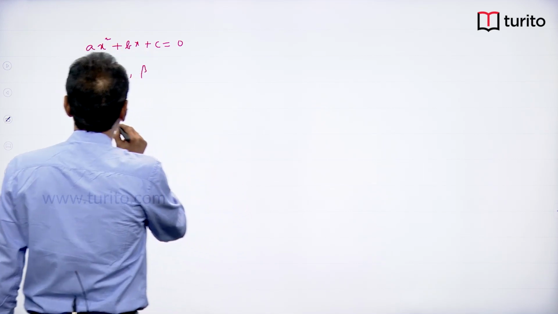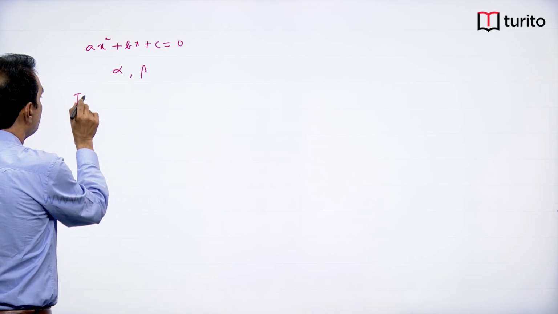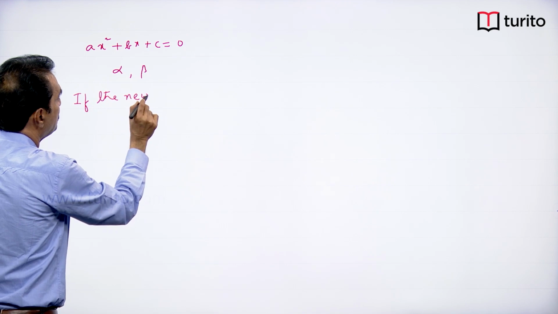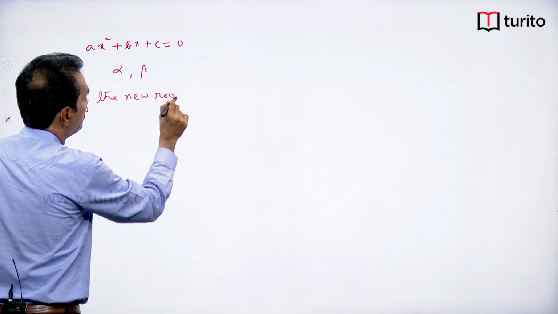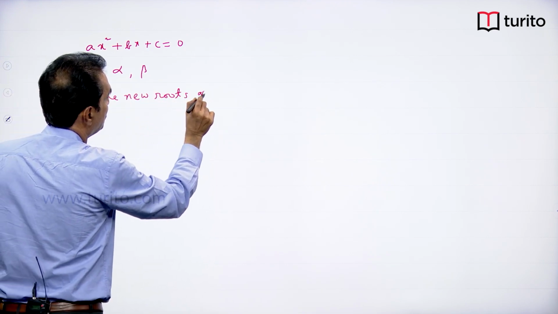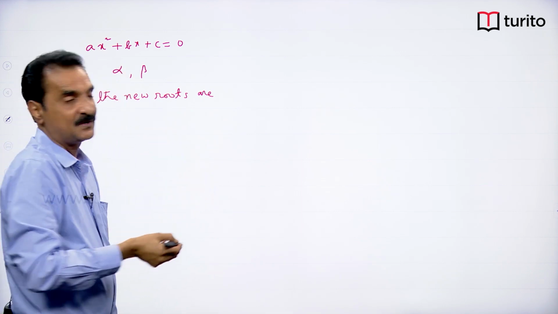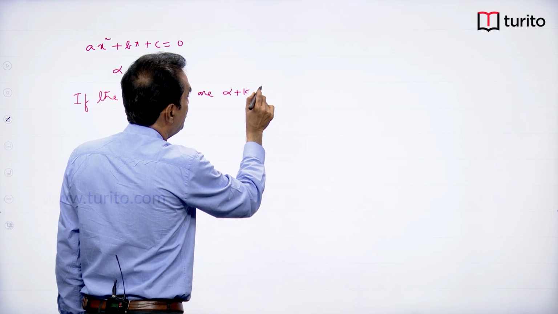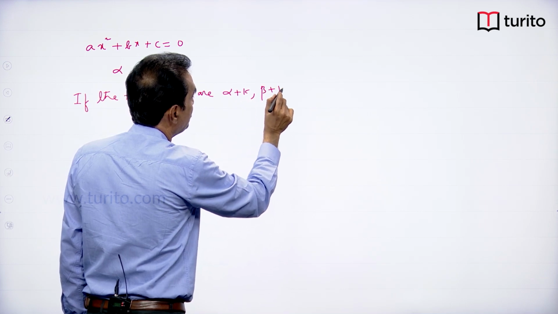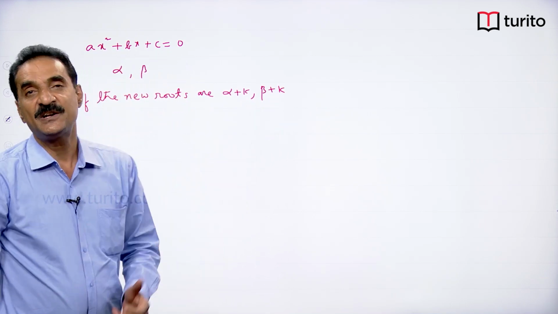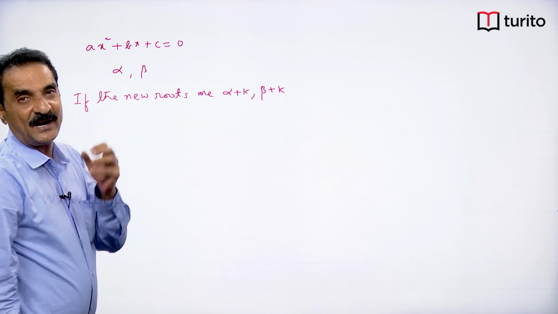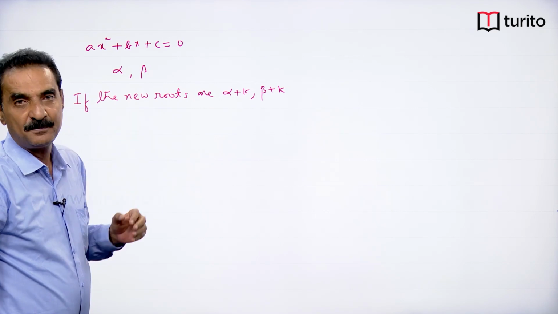Then the new roots, meaning transformed roots, are alpha plus k comma beta plus k. If a constant k is added to each root, then how to get the transformed equation? I will tell the general method.